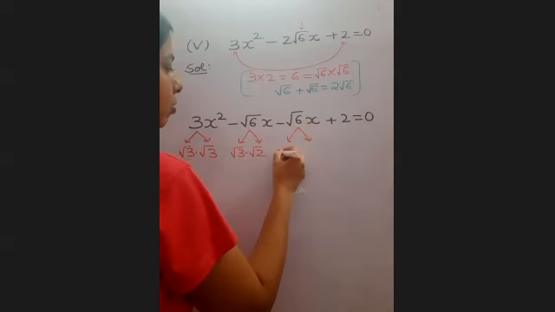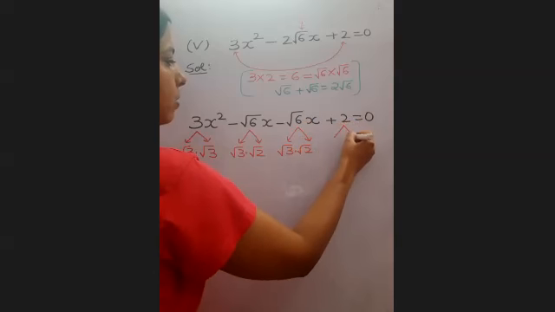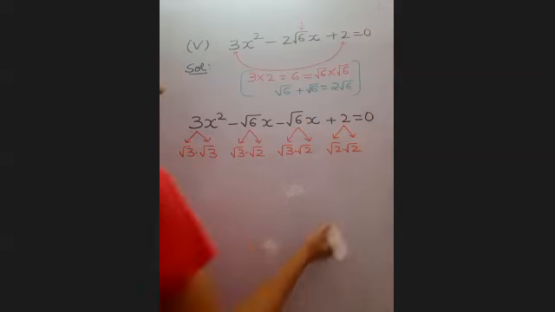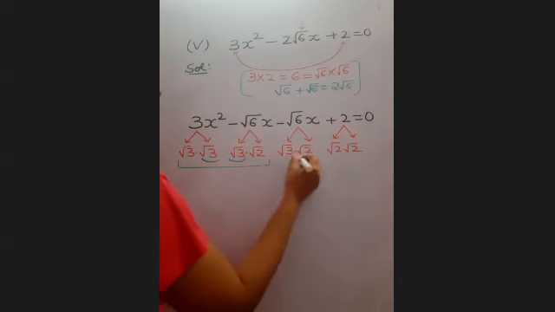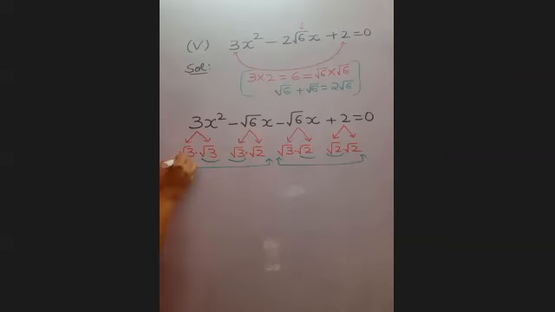This is also root 3 into root 2, and 2 is root 2 into root 2. Now tell me, what is common in these two? Root 3 x, and root 2. Got it?